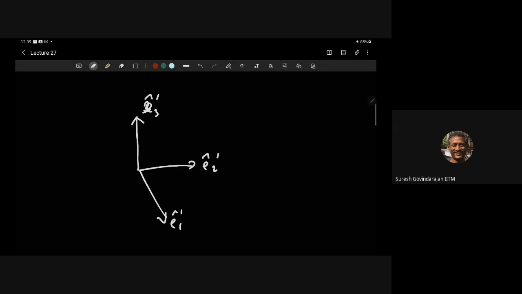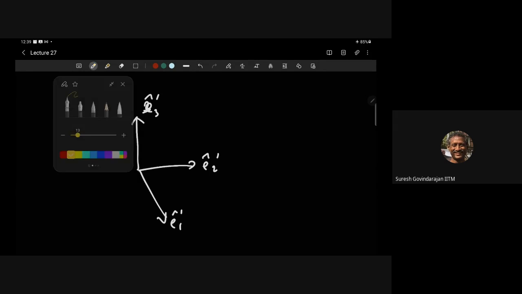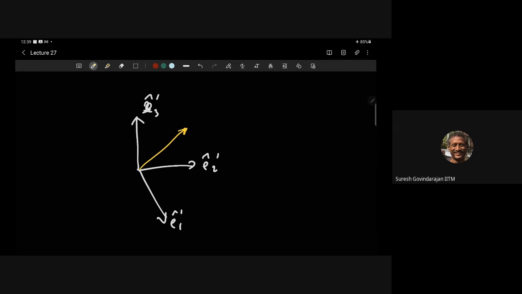Okay, so these are the directions, and then we have omega, which is just some vector like this. So first thing we know is omega 3 doesn't change.